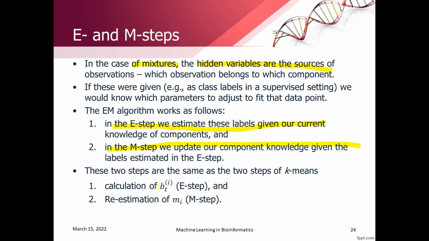So in each step we calculate such assignment, but in the k-means algorithm, the assignment was crisp. We say it belongs to one cluster, the closest centroid. In our case, for the c-means clustering, this will be values between 0 and 1, and then we re-estimate the centroids.